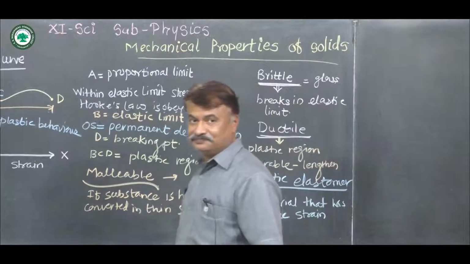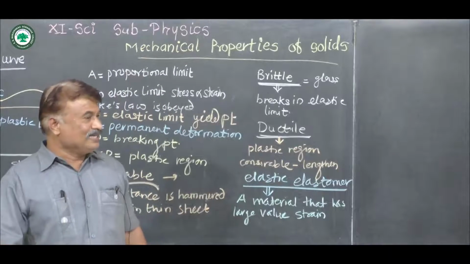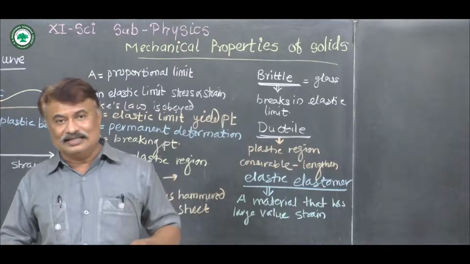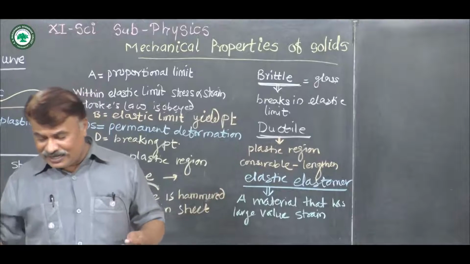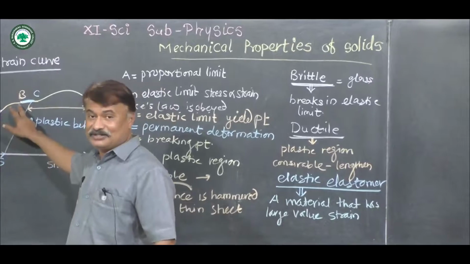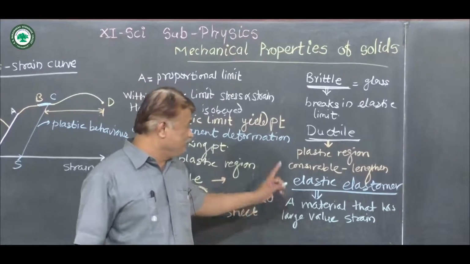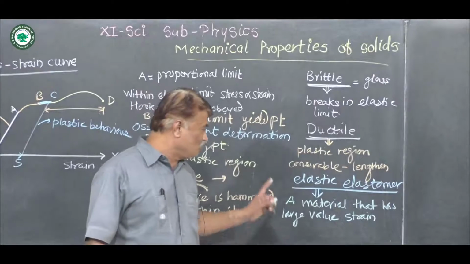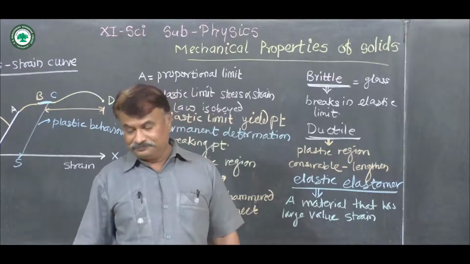If you consider rubber having large elastic region, its length may be many times greater than its original length. After the removal of stress, it regains the original dimension. But nature of graph is not straight line, it is curve, and that's why such substances are called as elastic elastomer. In simple, elastic elastomer means a material that has only large value of strain.